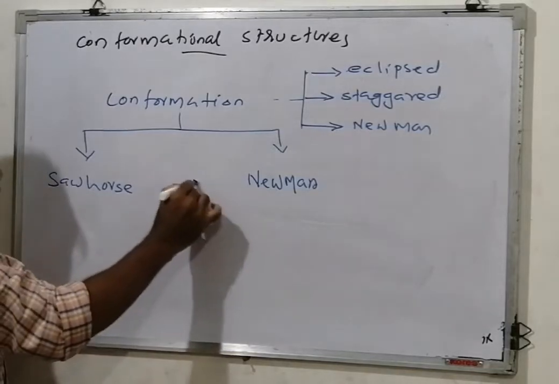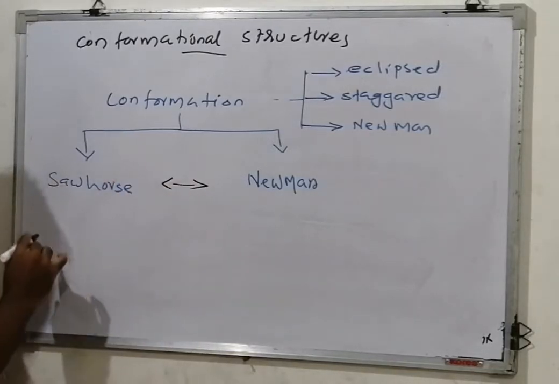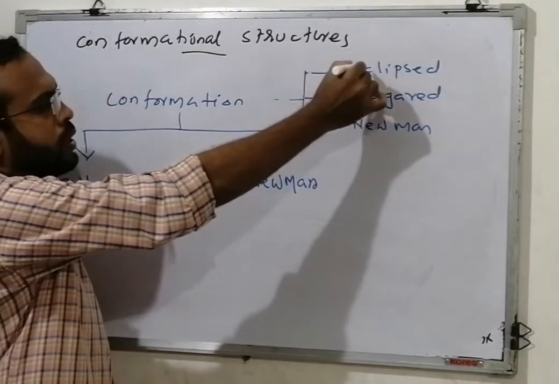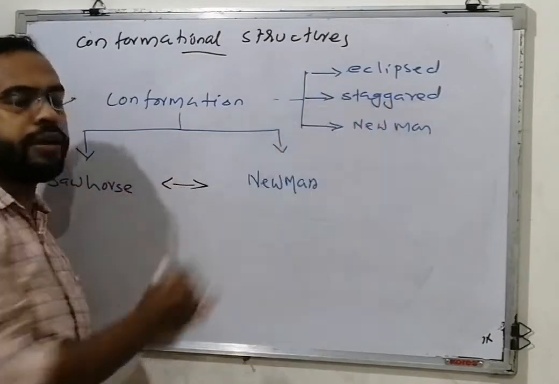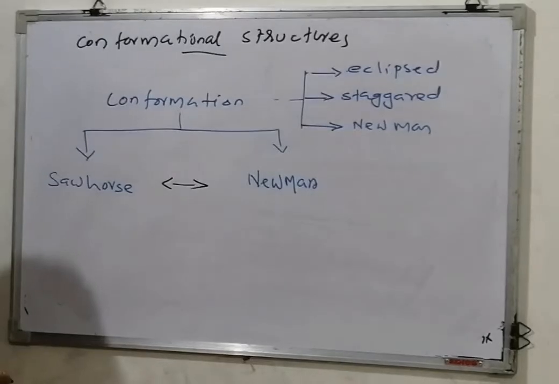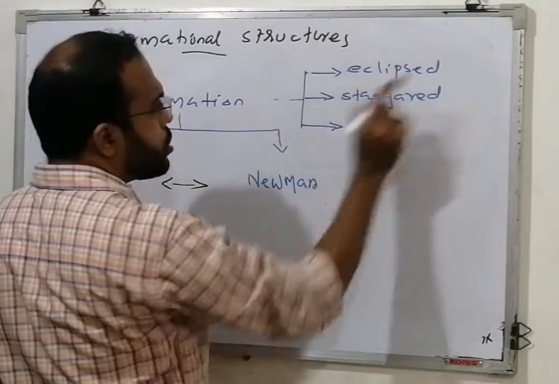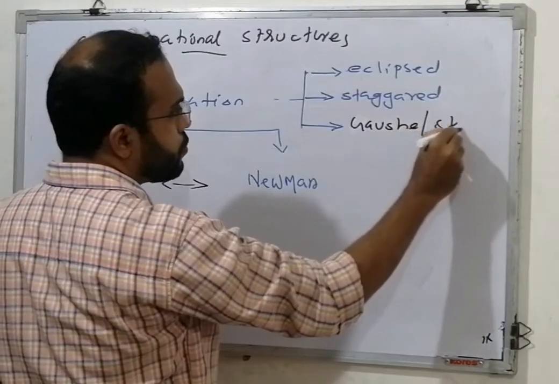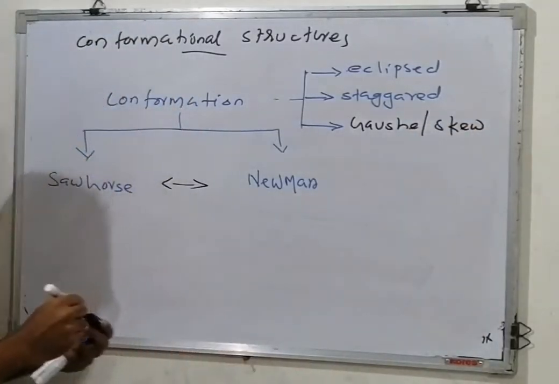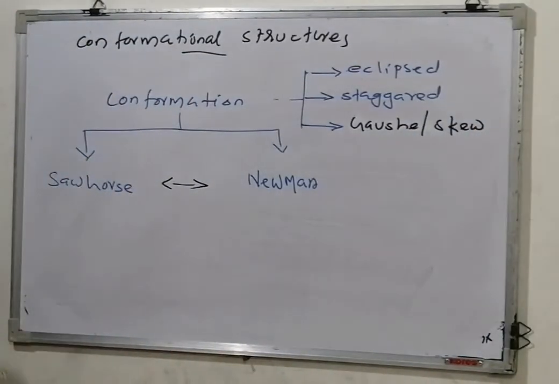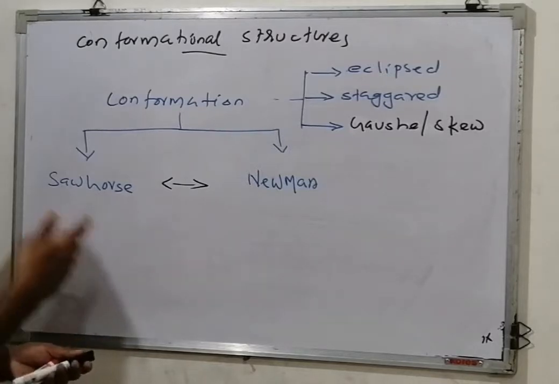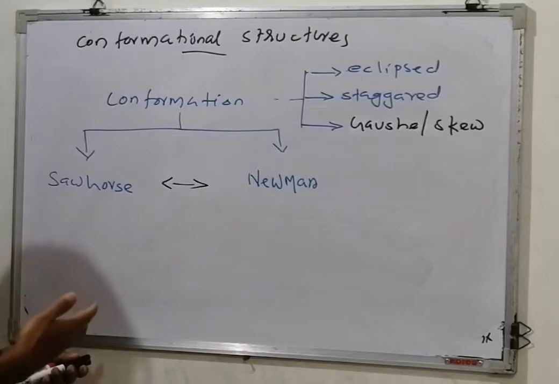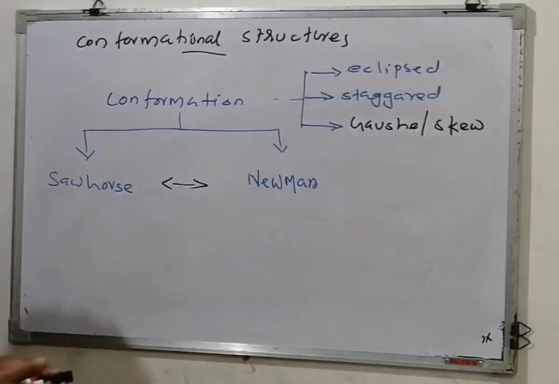These are the two ways. You have Sawhorse eclipsed, staggered, and gauche or skew. Or you have a Newman way of representation for eclipsed, for staggered and for gauche or skew.